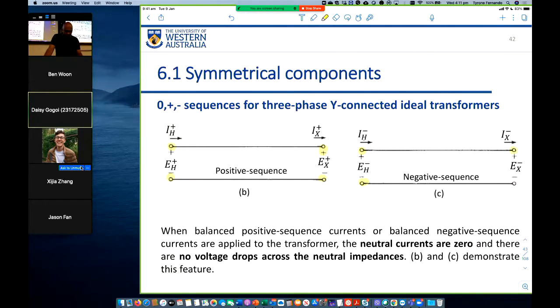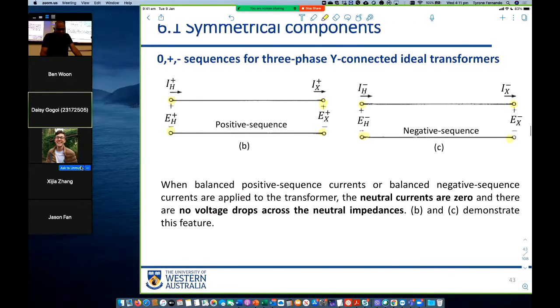Negative sequence is the same, primary and secondary connecting in this way. There are no impedances. When balanced positive sequence currents or balanced negative sequence currents are applied to the transformer, the neutral currents are zero and there is no voltage drop across the neutral impedances. Circuit B and circuit C demonstrate this feature.